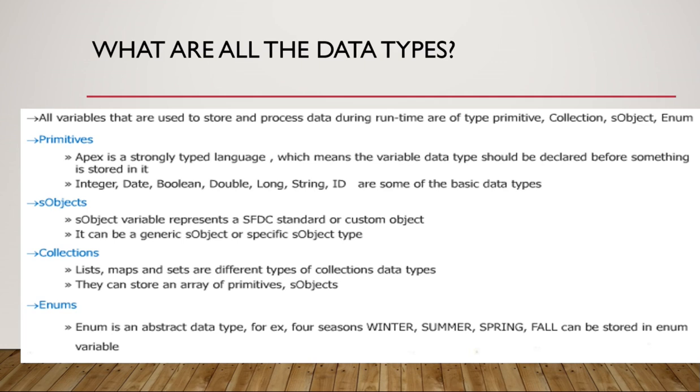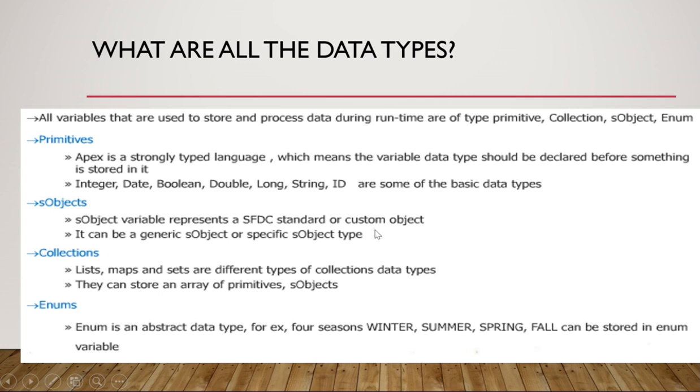Now if you look at all the data types that we have in addition to primitive, we have already seen the primitive data types. In addition to that, you have something called an S object variable. We saw what account and contact are, right? Each of them is called an S object.